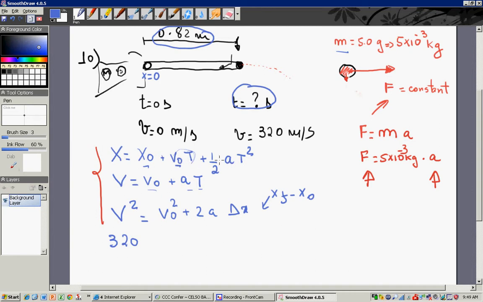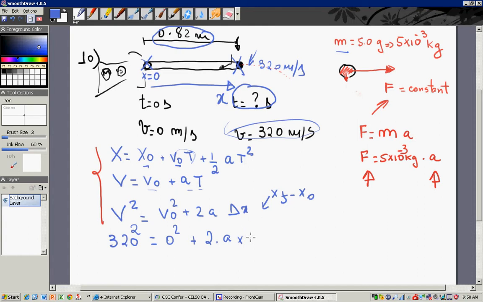I know three equations of motion as long as acceleration is uniform: position versus acceleration in time, velocity versus acceleration in time, and Bernoulli. So I know the final velocity, the velocity at which the bullet leaves the barrel, 320 meters per second. So I'm using this information to solve my problem. So 320 squared is equal to initial velocity squared plus 2 times acceleration times final position minus initial position.